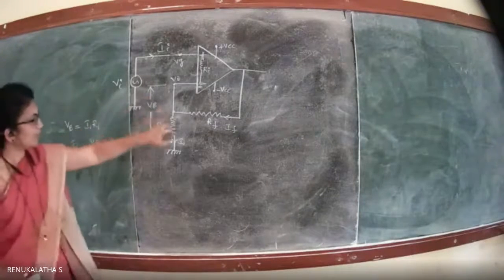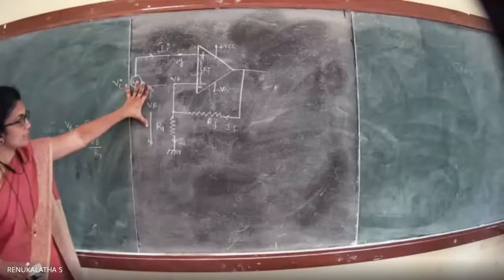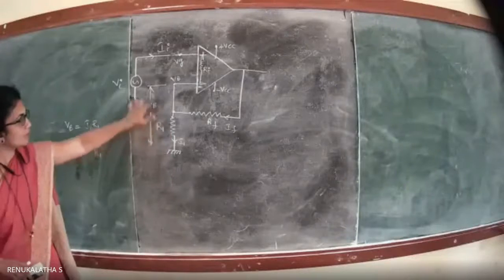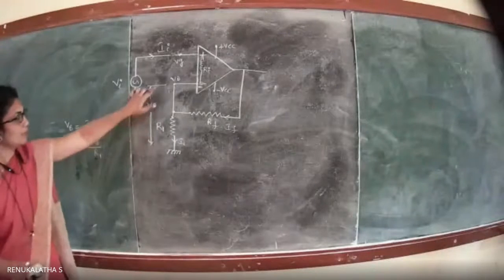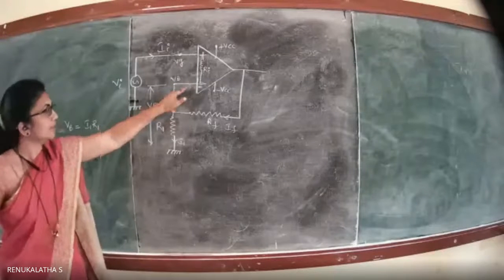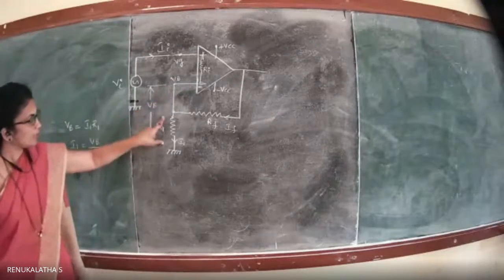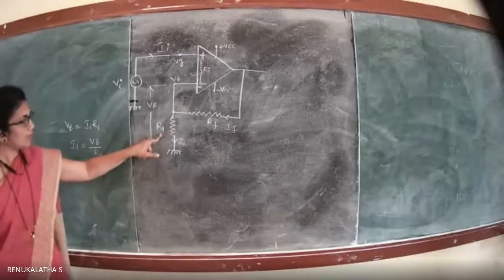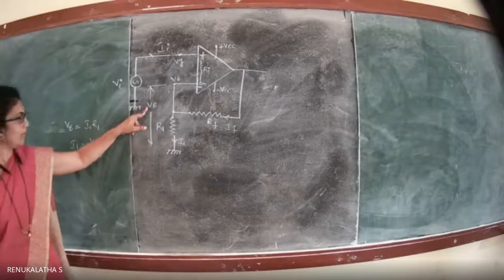So we are finding what? The voltage drop across this resistance R1. That is found to be VB here, because we want to know the exact voltage applied to the inverting terminal. So how do we find it? This is the voltage drop across the resistance R1. So I1 into R1 gives us the value of VB here.